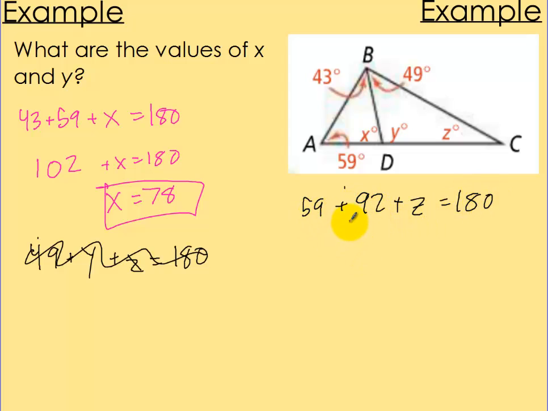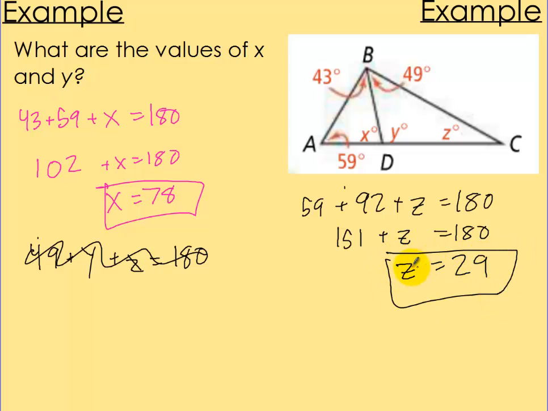59 plus 92 is going to be 151, 151 plus z equals 180. And then you subtract 151, z is going to have to equal 29. So there's z. But now we can use that to solve for y. So I'm going to erase this over here. Alright, so I got this triangle BDC is going to be 49 plus y plus z equals 180.